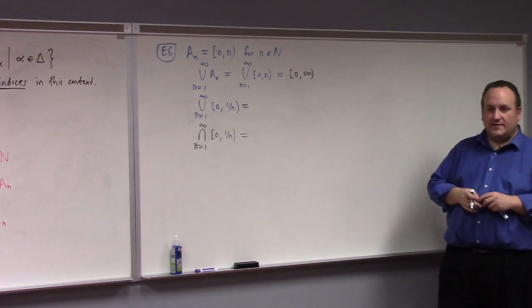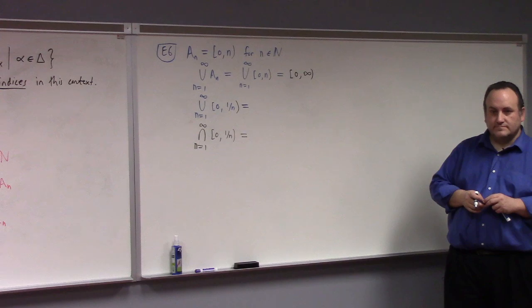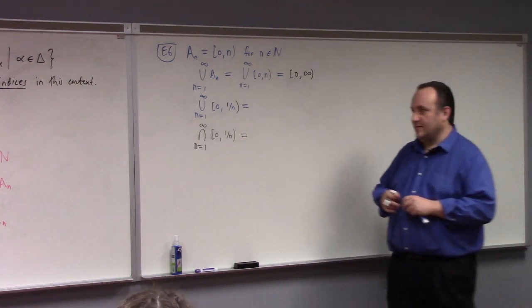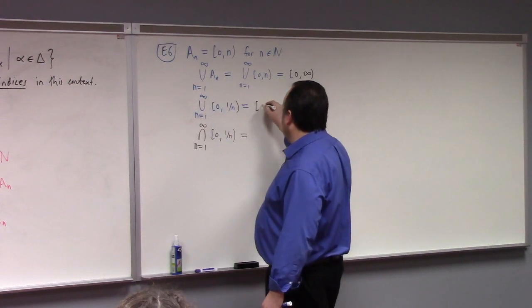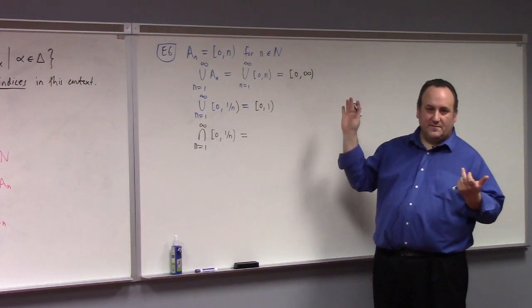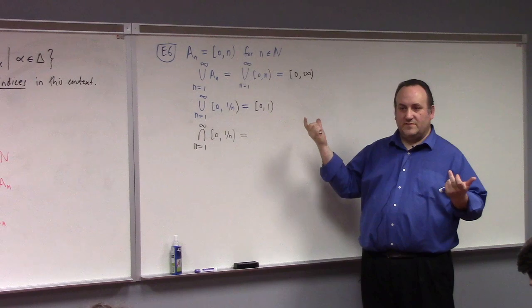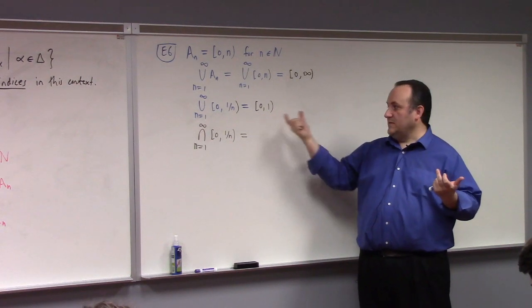We're just speculating at the moment. 0 to 1, right. Because it's a funny thing, because the first one already gets you as far as you can go, right? And you go to 0 to a half, 0 to a third, as you go on, it's always within that first one. So the union is just this, right?